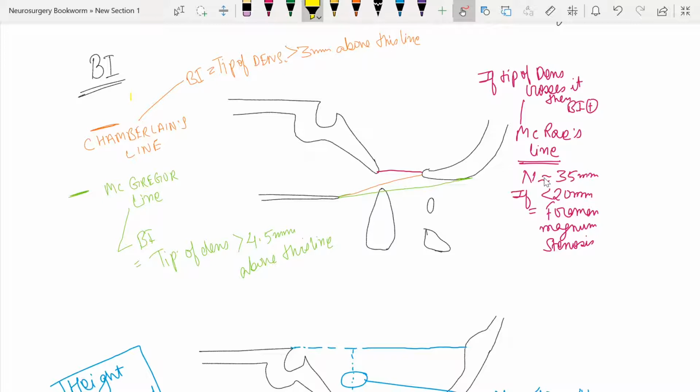However, if the sagittal diameter is less than 20 mm, then there is presence of foramen magnum stenosis. The tip of the odontoid never crosses this line. If it crosses this line, then basilar invagination is present. Normally, the tip of the odontoid is around 5 mm below this line.